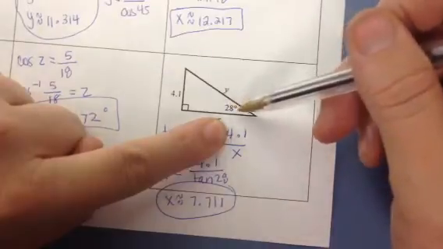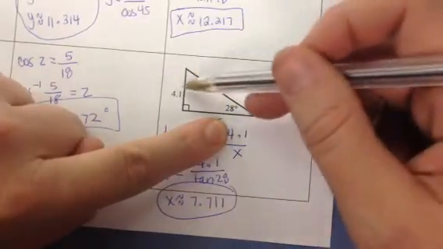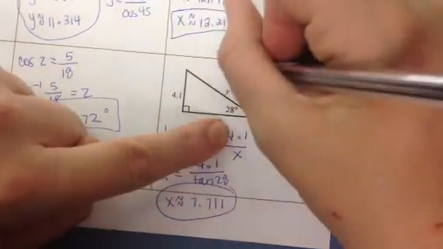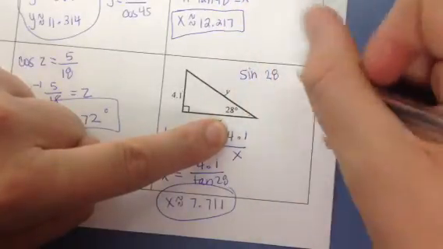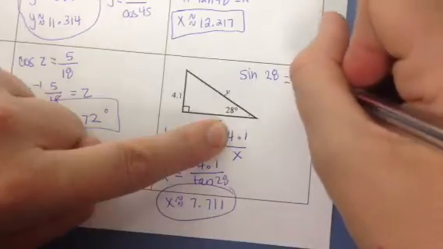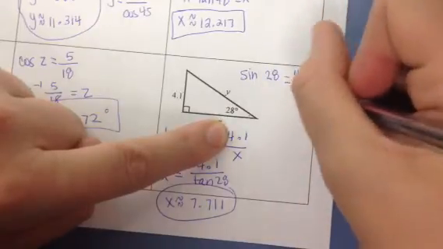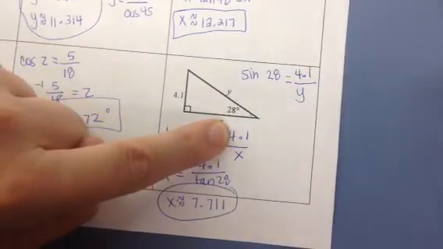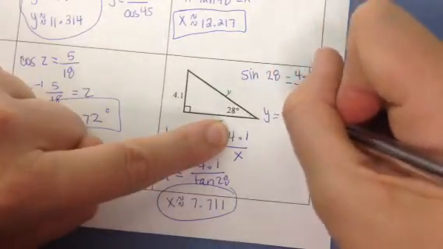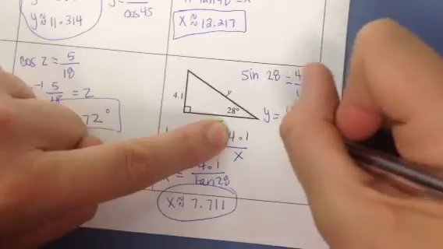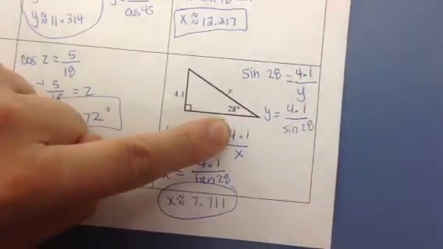But so if I look at this, I'm going to have sine, because I've got my opposite and my hypotenuse. So the sine of 28 degrees is equal to the opposite, 4.1, over the hypotenuse y. So I can now rewrite that as y equals 4.1 over the sine of 28.